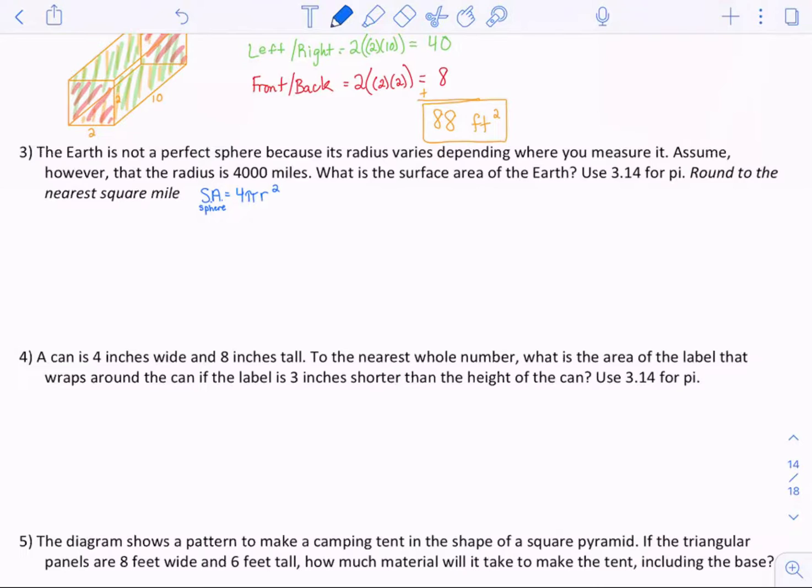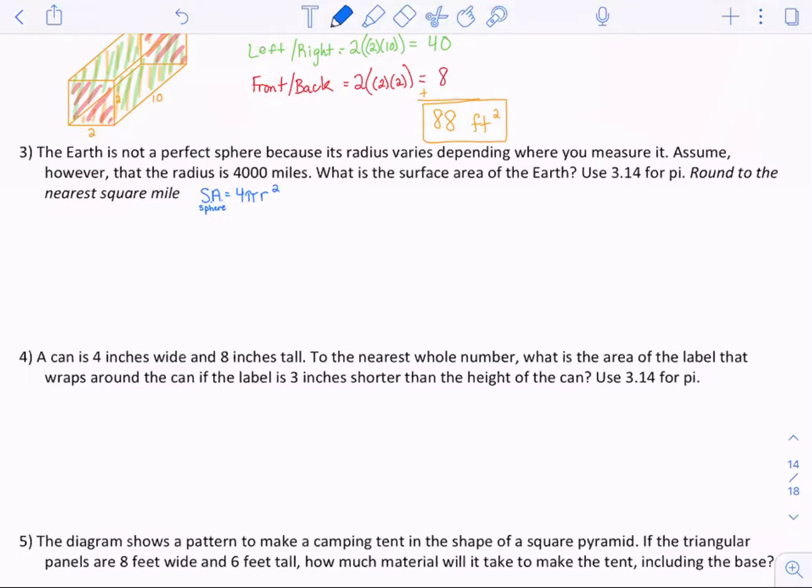Did you know that? I actually did not know that, but I would assume that it cannot be a perfect sphere. So assume, however, that the radius is 4,000 miles. What is the surface area of the Earth? Use 3.14 for pi and round to the nearest square mile.